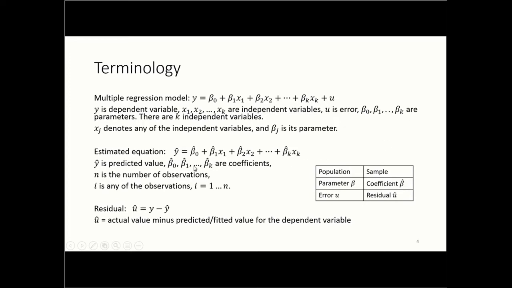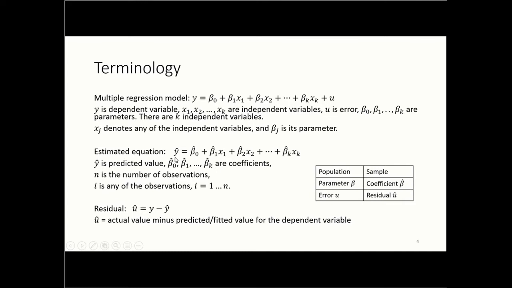The estimated equation would be y hat equals beta 0 hat plus beta 1 hat times x1 plus beta 2 hat times x2 plus all the way to beta k hat times xk.